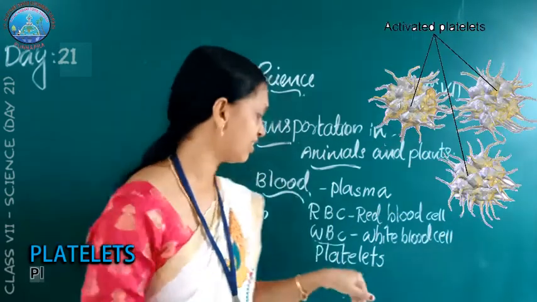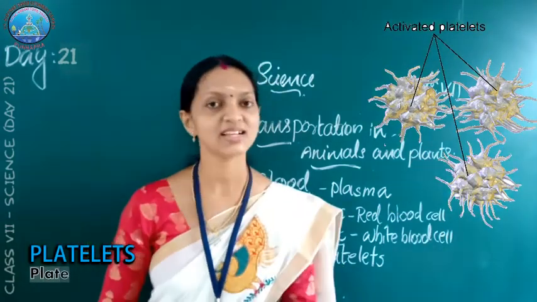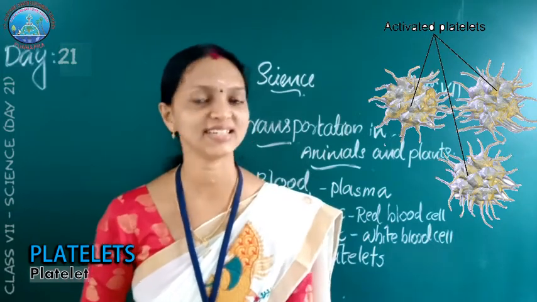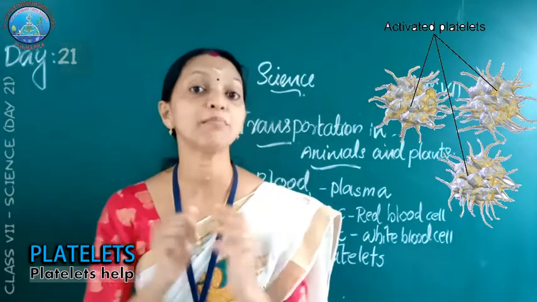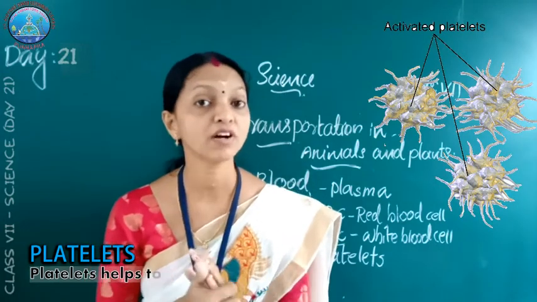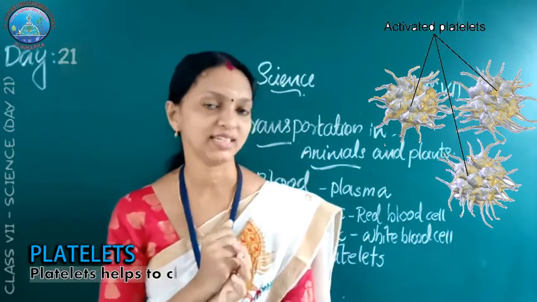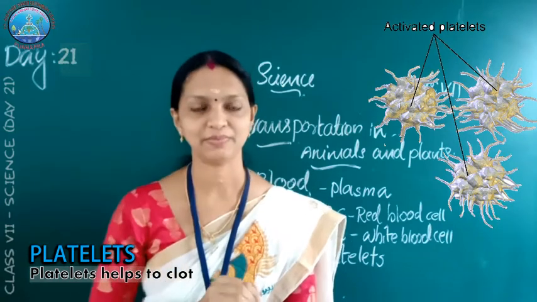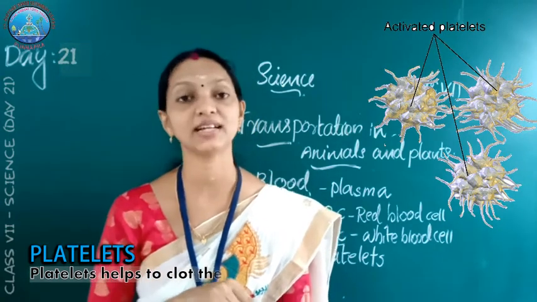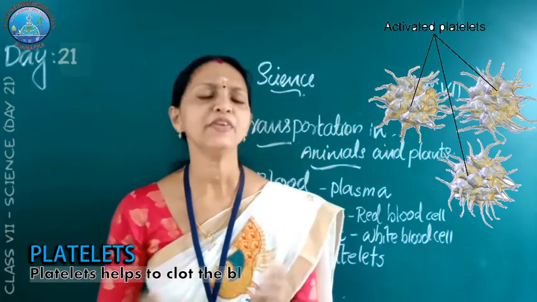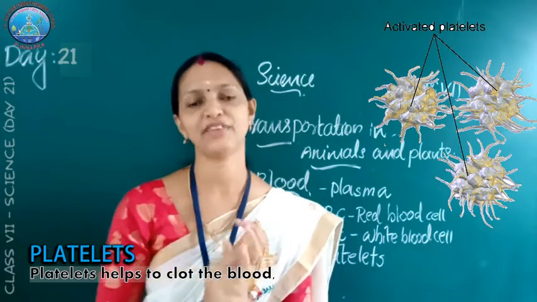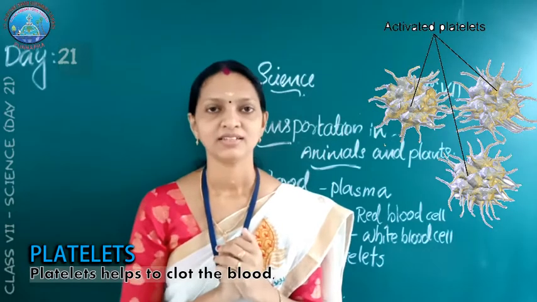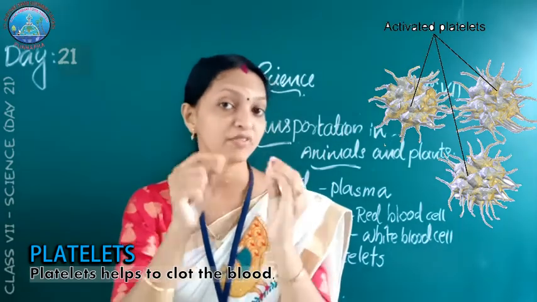The last one is platelet. The last blood component is platelet. The platelet helps to clot the blood. Blood clotting. Blood കട്ട പിടിക്കുന്നതിനെയാണ് ബ്ലഡ് ക്ലോട്ടിങ് എന്ന് പറയുന്നത്; platelet helps in blood clotting. For example, if you have a cut on your finger, you can see that the blood is coming out from the cut.